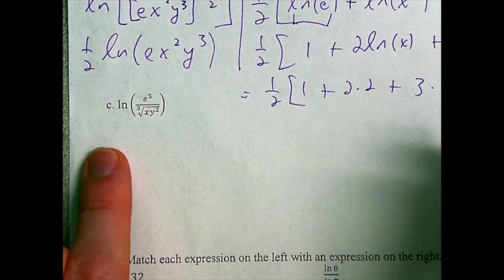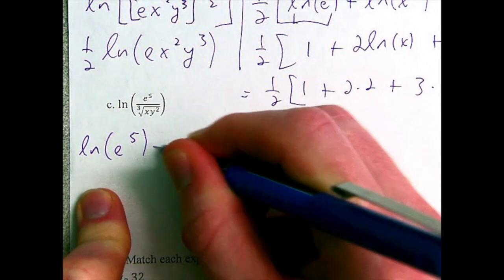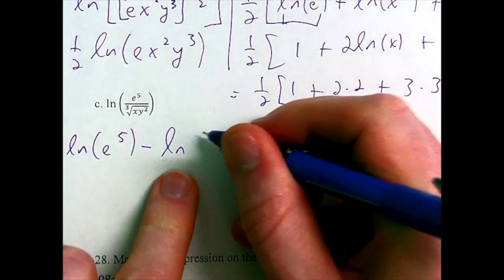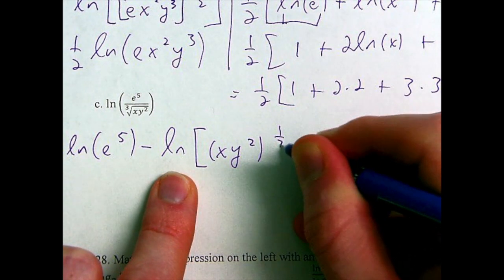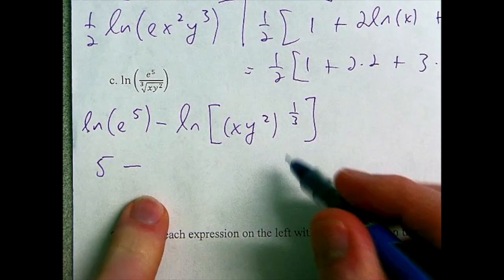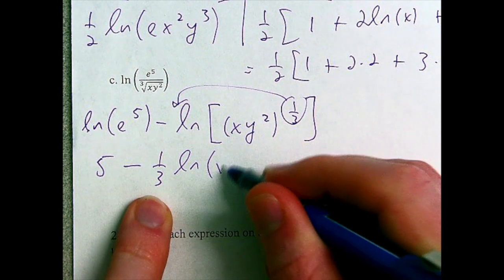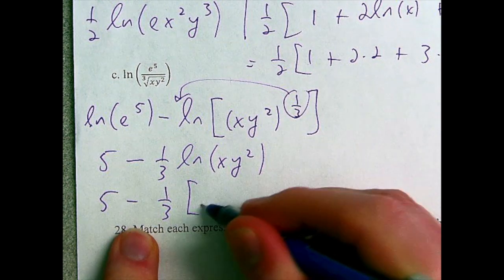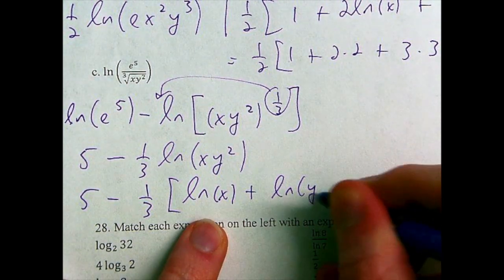Let's see. So I guess I'll start by writing this is natural log of e to the 5th minus natural log of the denominator. That third root is telling me that it should be all that stuff raised to the 1/3, right? Natural log of e to the 5th is just 5, but here the 1/3 can be pulled out, so that's 1/3 natural log of xy squared. So that's 5 minus 1/3 quantity ln of x plus ln of y squared.